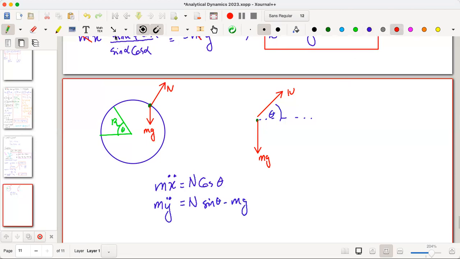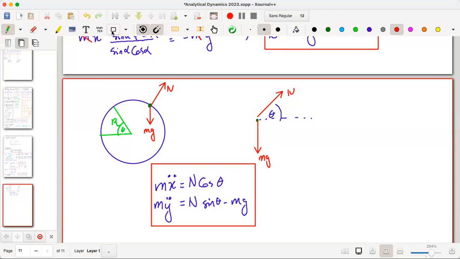Very simple. But as you can see here, the problem is that we have to find x, y, and n. So there are still 3 unknown functions.